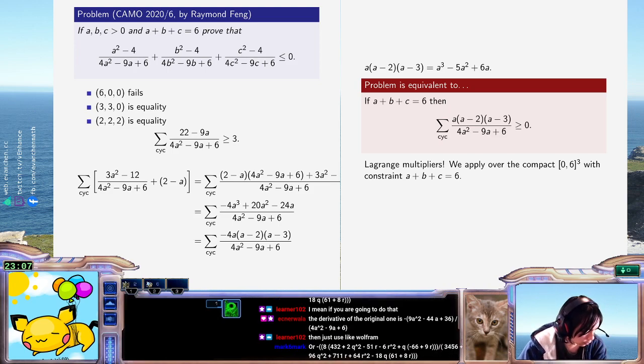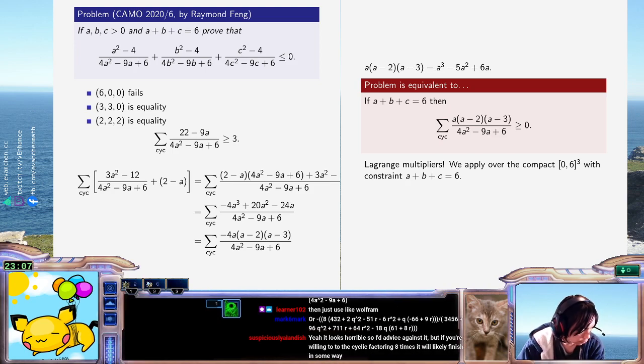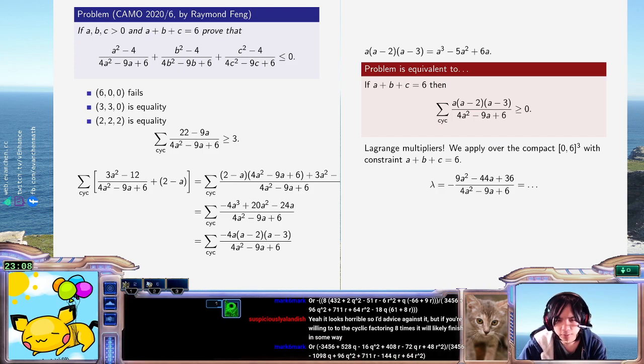Okay. So if I apply it to the original function, 9a squared minus 4a plus 36, 4a squared. Okay, so the constraint is that these three things are equal.